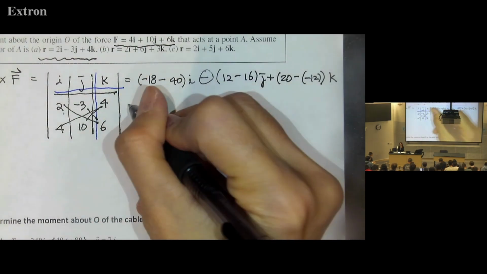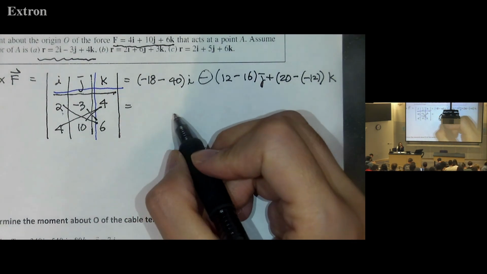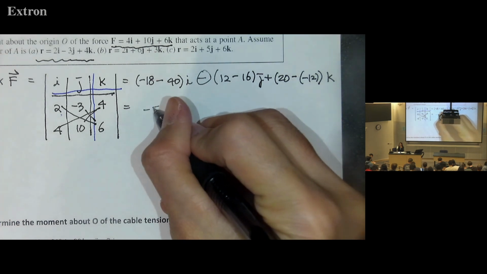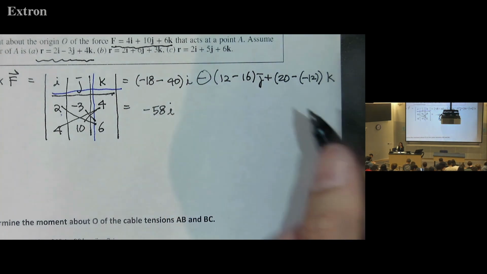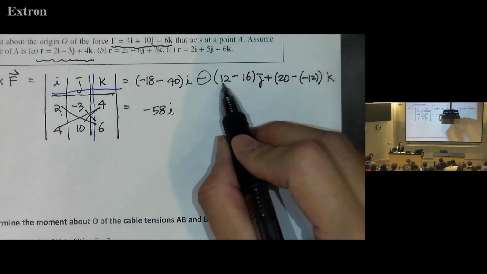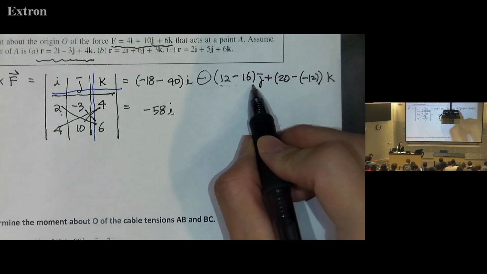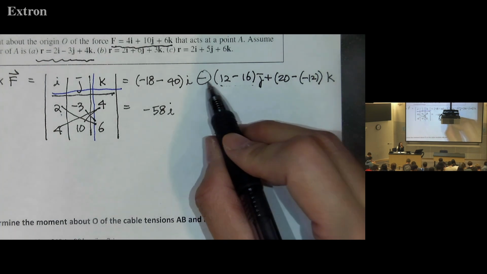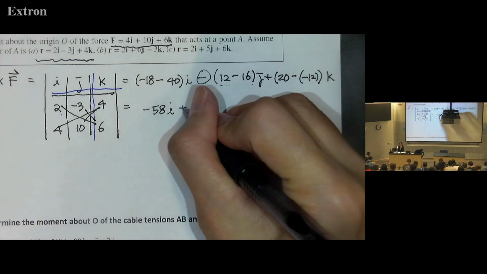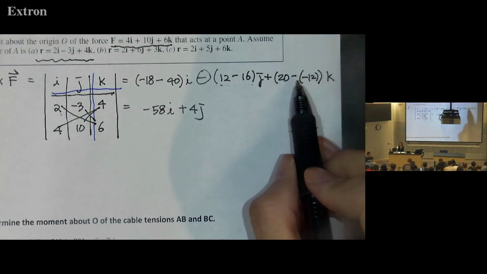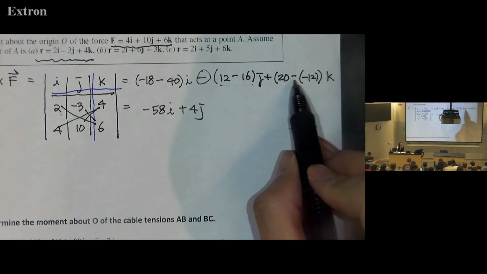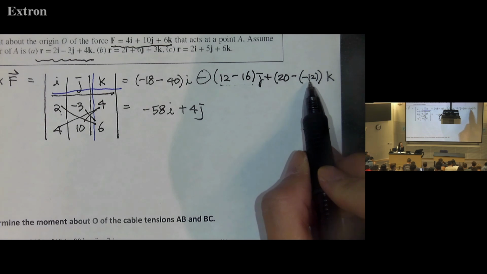Okay. So then what is i component? Minus 58i. And then this one, so inside this minus 4, and then we have minus 4, plus 4. And then 20 minus 12, 20 plus 12, so 32.